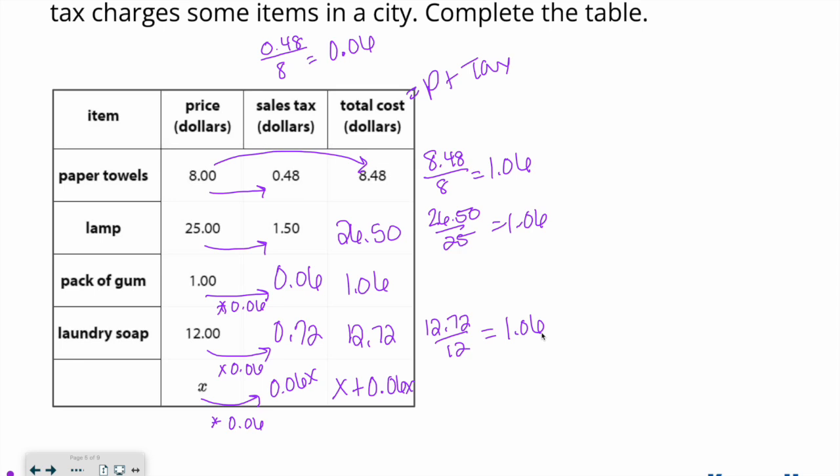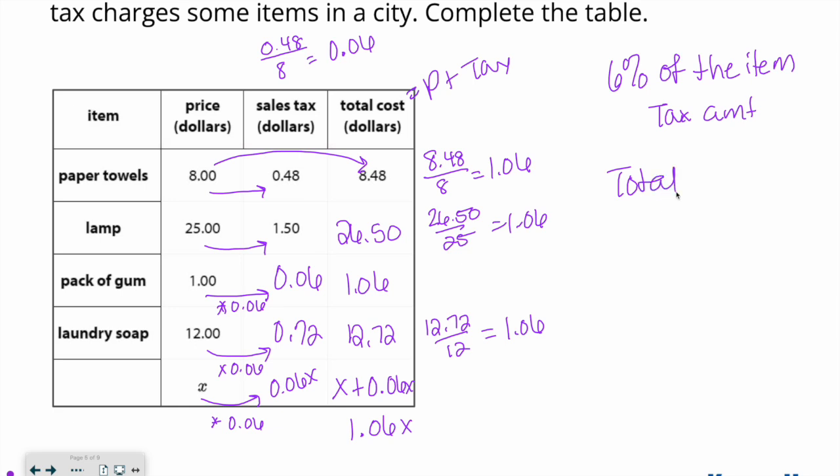So we could also say the total cost is 1.06x. So 6% of the item, we're just looking at the tax amount. And then the total, well, the constant of proportionality is 1.06. 100% times 1.06 gives us 106% of the item.